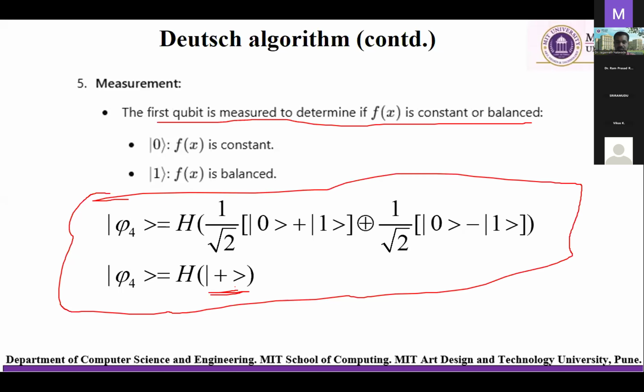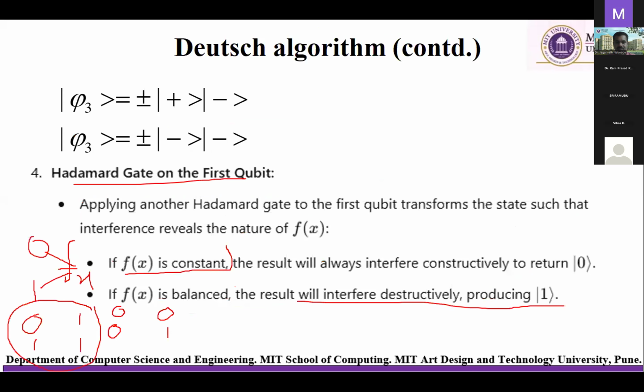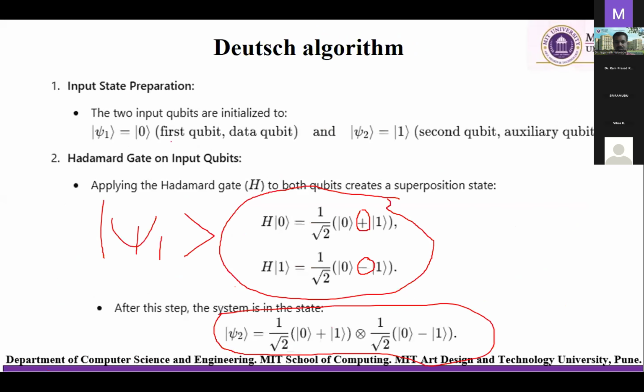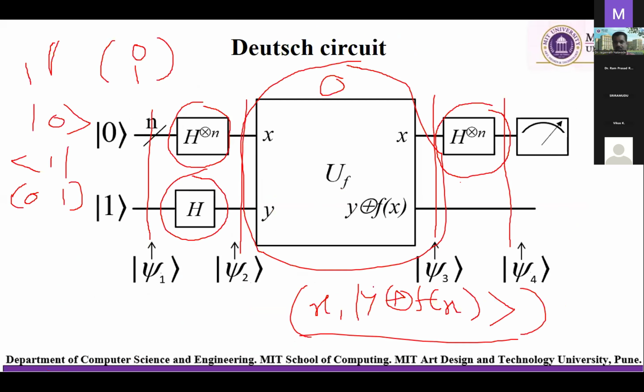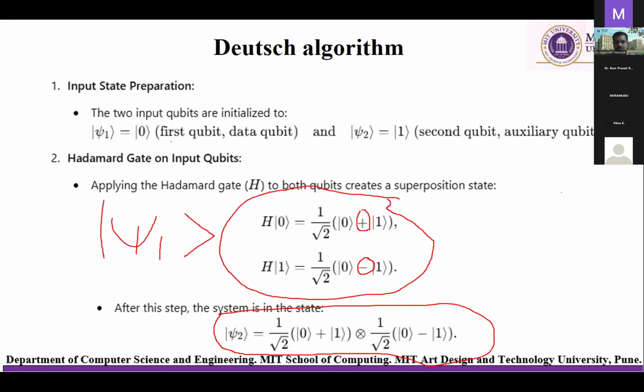This is the outcome we will measure in this particular circuit. Ket psi 4 will be either in the 0 state or in the 1 state. Plus is called a 0 state and minus is called a 1 state in quantum computing.